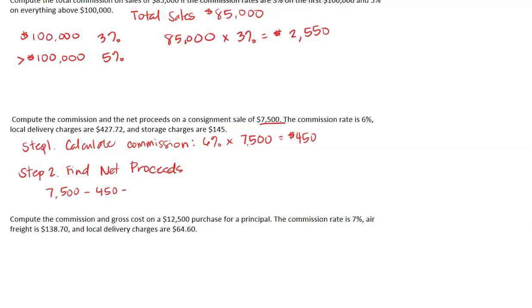So I'm going to subtract any delivery charges. In this case, that's $427.72, and also storage charges, so minus $140. So subtracting all of these gives me a net proceeds amount of $6,477.28.